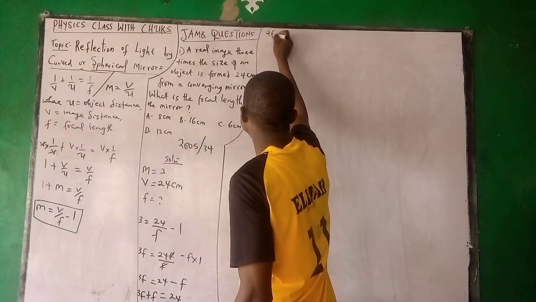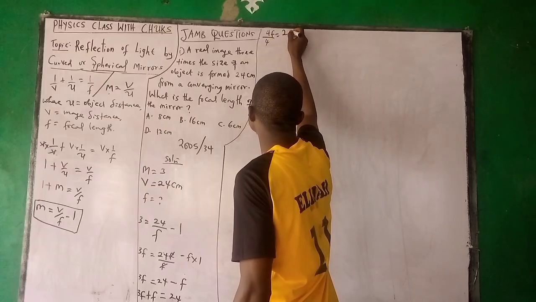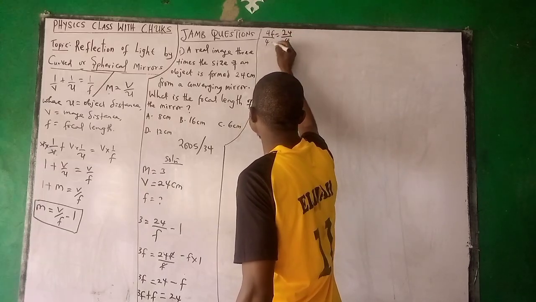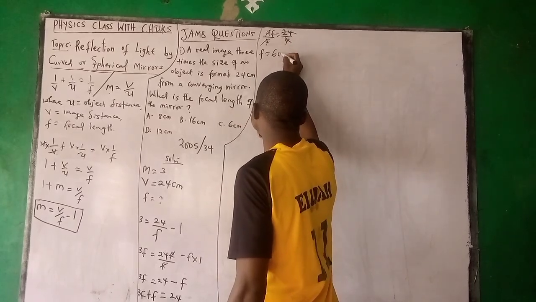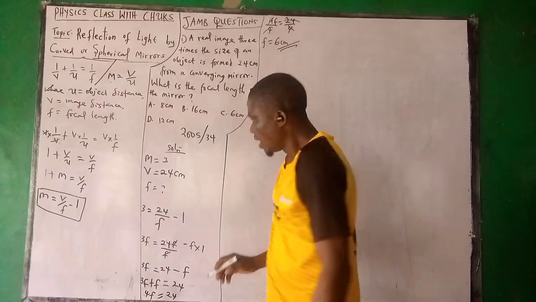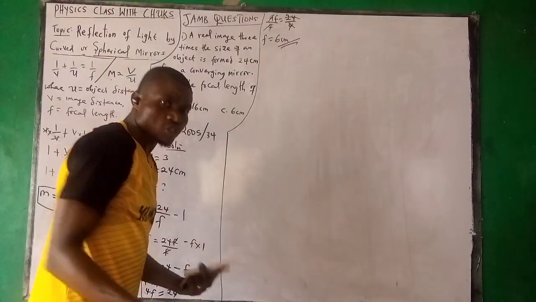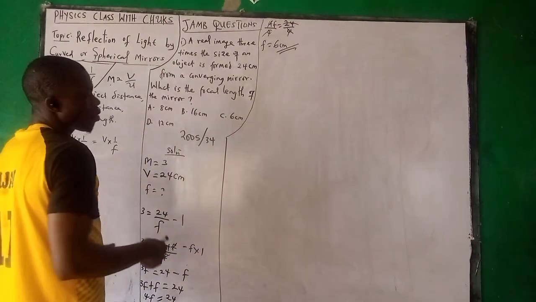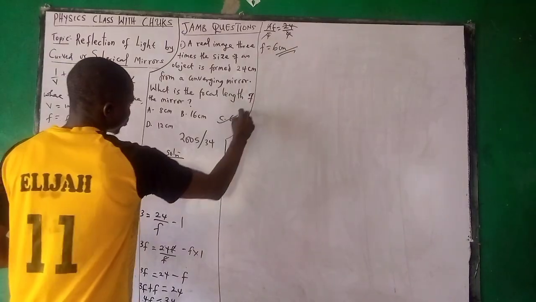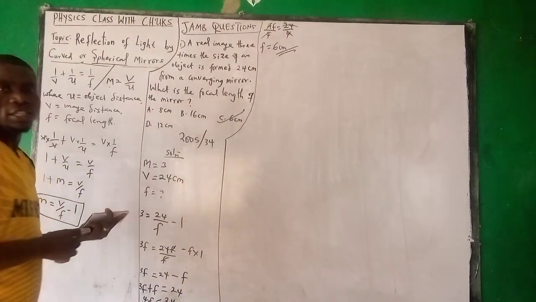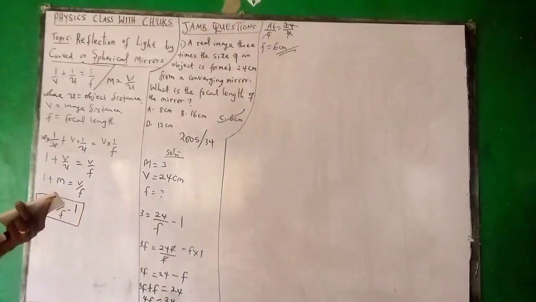So 4F over 4 equals 24 over 4. This cancels, F becomes 24 divided by 4, which is 6. Put your unit. Now, remember it is positive because the thing is called a converging mirror. And that is option C. Please, next question. We're going to solve the next question now.